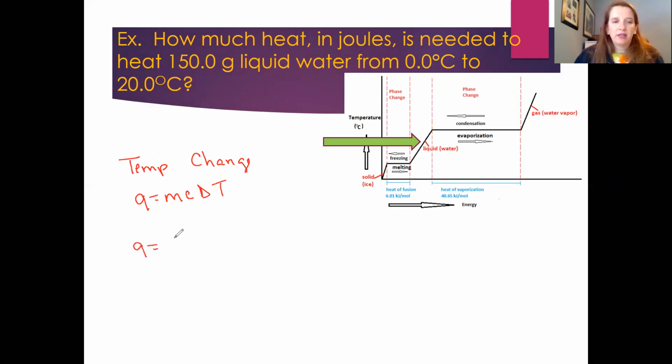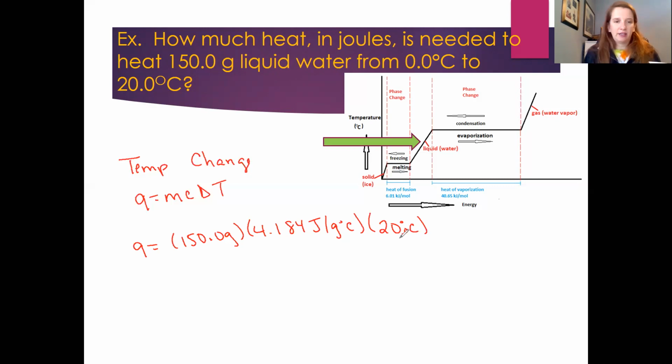Our mass is going to be 150 grams of water. Our specific heat, 4.184 joules per gram. And then our temperature change, we're going from 0 to 20 degrees. So our temperature change is going to be 20 degrees, 20.0 technically for sig figs.